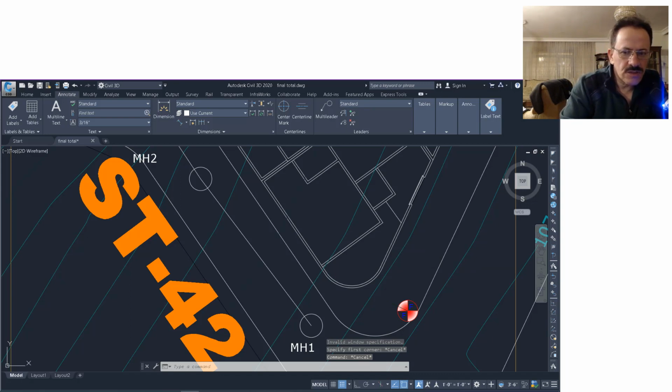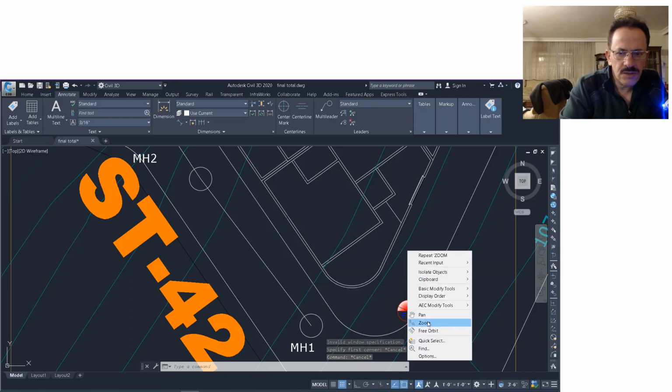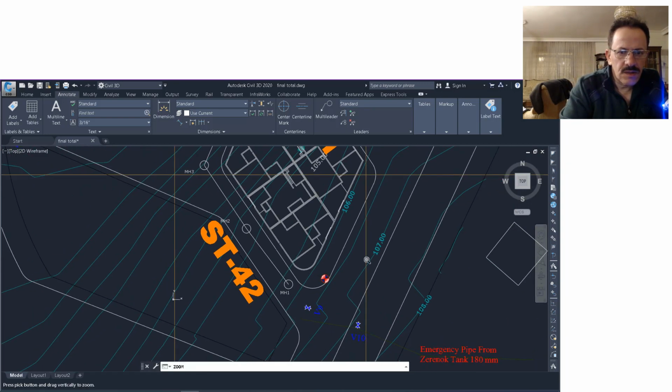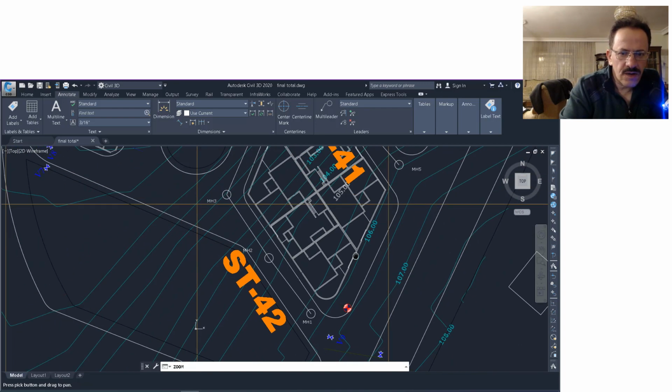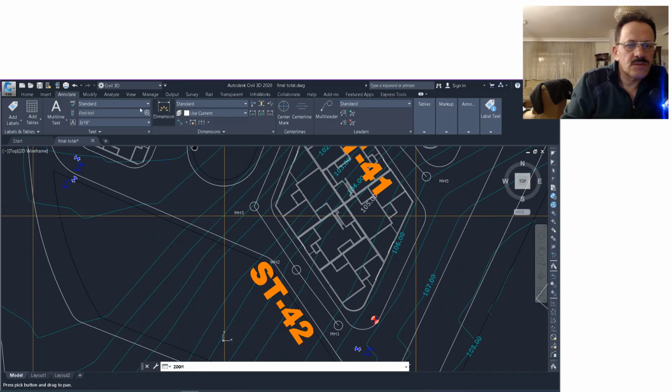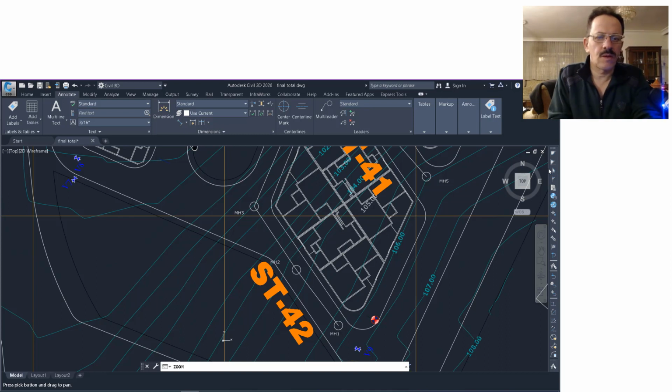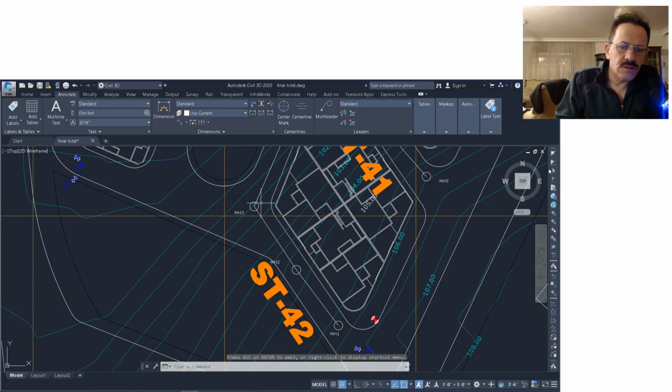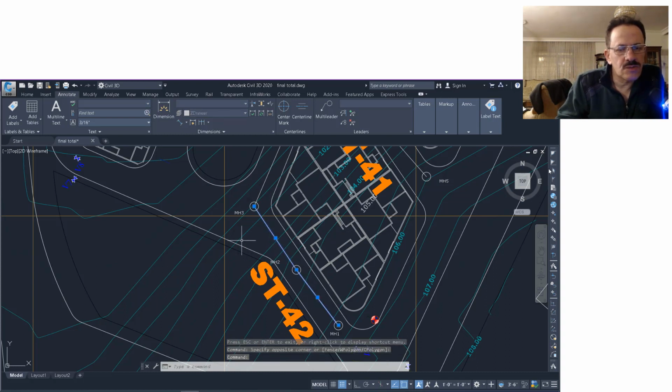The calculation of the flow is very important in this design. I will assume that this pipe and this pipe are holding the sewer flow of this whole area.